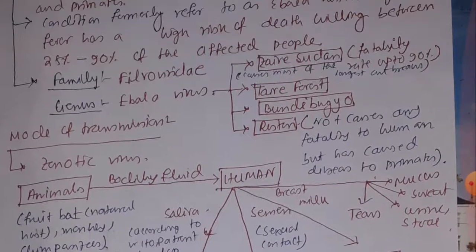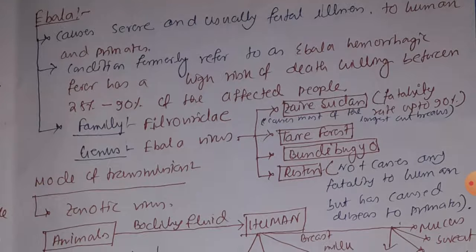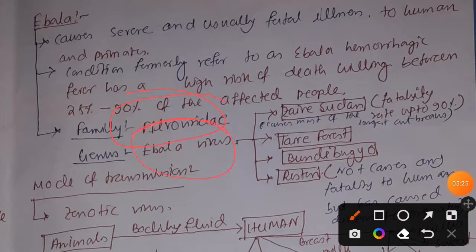Okay, so up to that point we have learned that Ebola virus is a virus that causes severe and fatal illness in humans and other primates. The Ebola virus infection, previously known as Ebola hemorrhagic fever, causes death of 25 to 90% of the affected people. It comes from the family Filoviridae and genus Ebolavirus, which can be divided into four species.